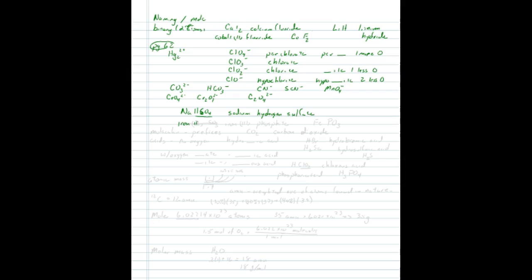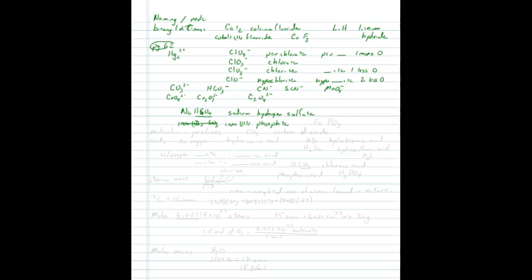Iron 3 SO3. Charge on Fe. Oh crap! Did it wrong. Iron 3. Let's make it phosphite.